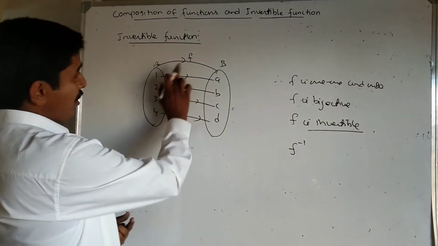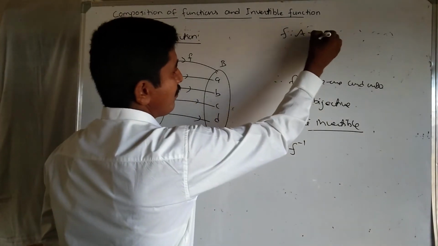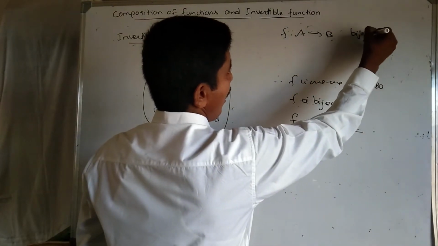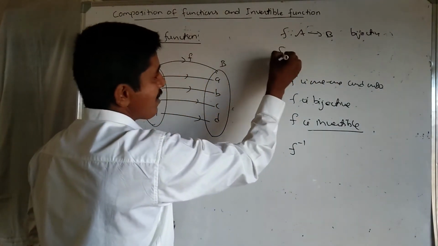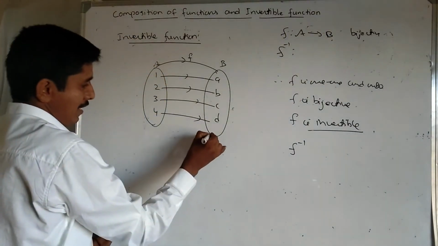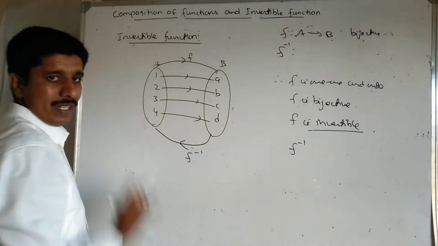That is, here we define F from set A to set B. This is bijective, meaning 1-1 and onto. Its inverse exists, F inverse from set B to set A. Observe the arrow, set B to set A, F inverse.